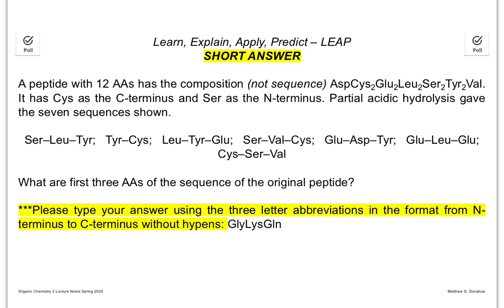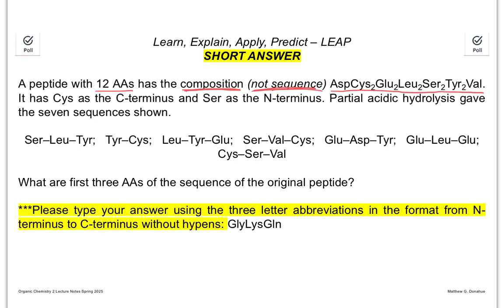So here's some logic that we can apply to understand the difficulty in what we're trying to achieve here. It says a peptide with 12 amino acids has the composition, so composition, not the sequence, of these amino acids. So those are all the amino acids present in that peptide, but that's not the sequence in which they're bonded.